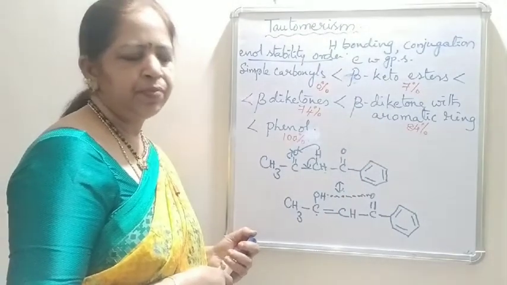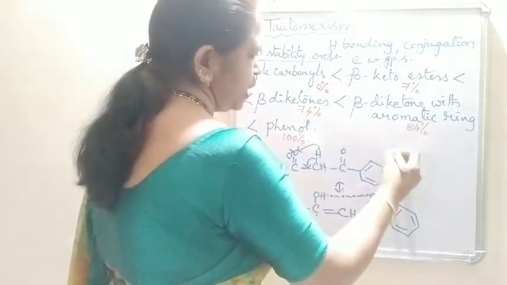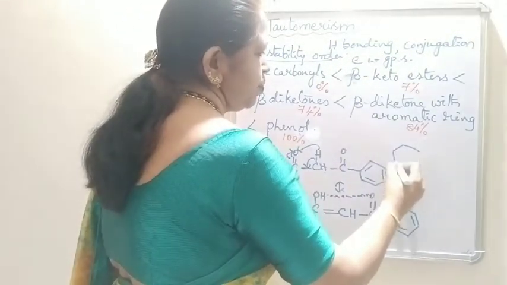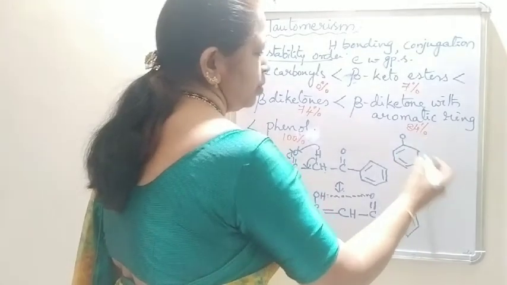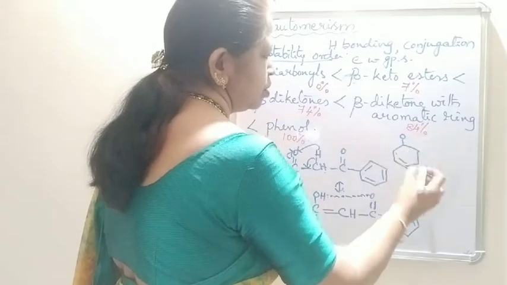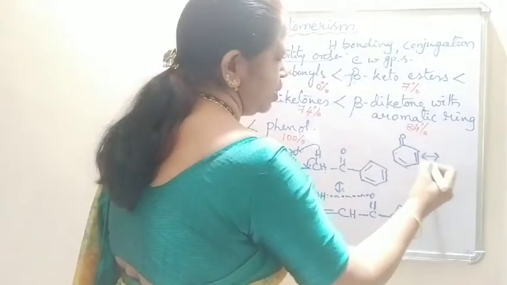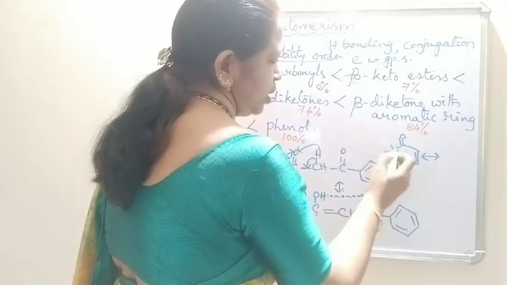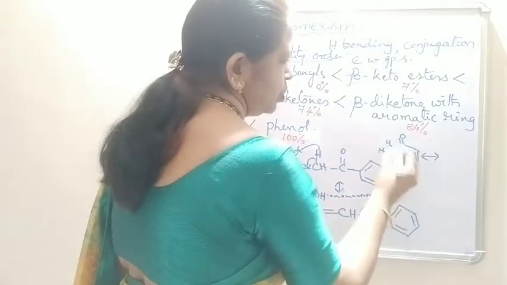Okay students. And lastly, in phenol it is very simple. This is C double bond O, and its enol form is the migration of hydrogen from the alpha carbon.